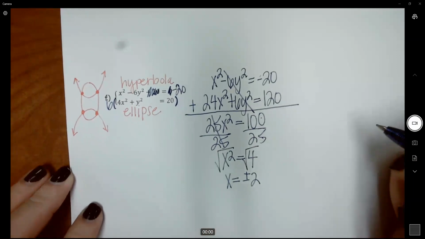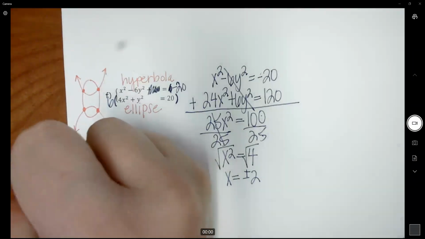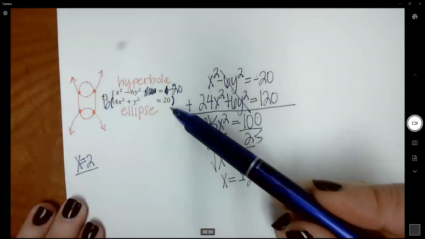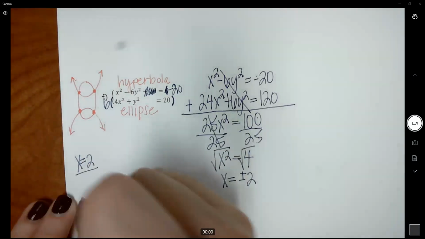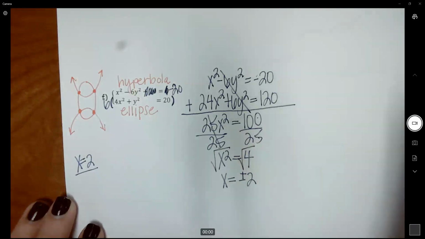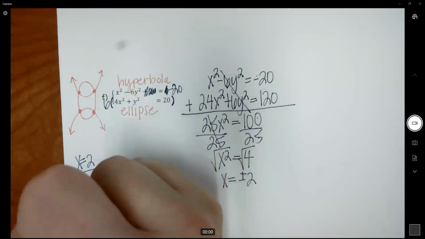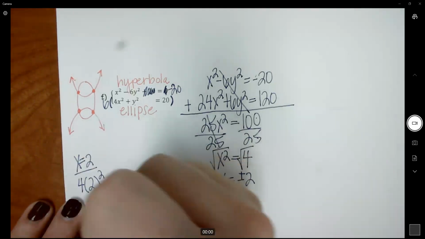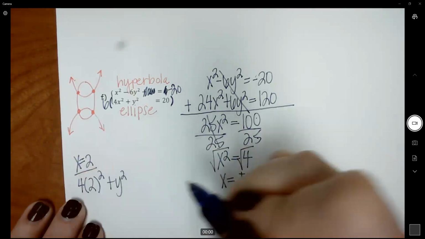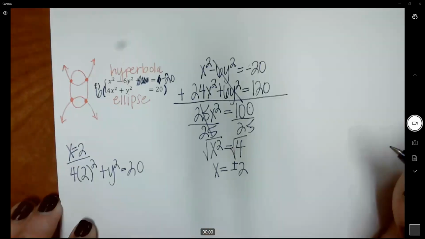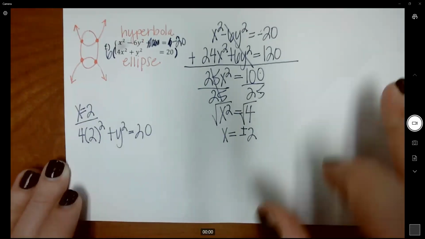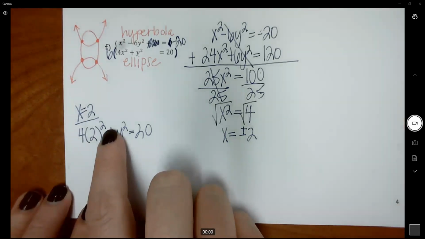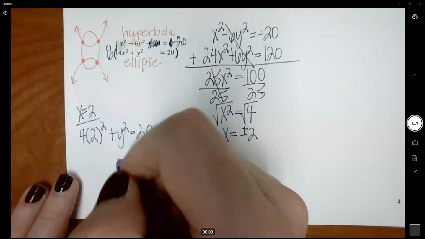So when I substitute in, when I have x is +2, and let's substitute into the bottom one. Doesn't matter which, right? But I'm just going to pick the bottom. So we get 4 times 2 squared plus y squared equals 20. Order of operations says exponent first. So 2 squared is 4 times 4 is 16.